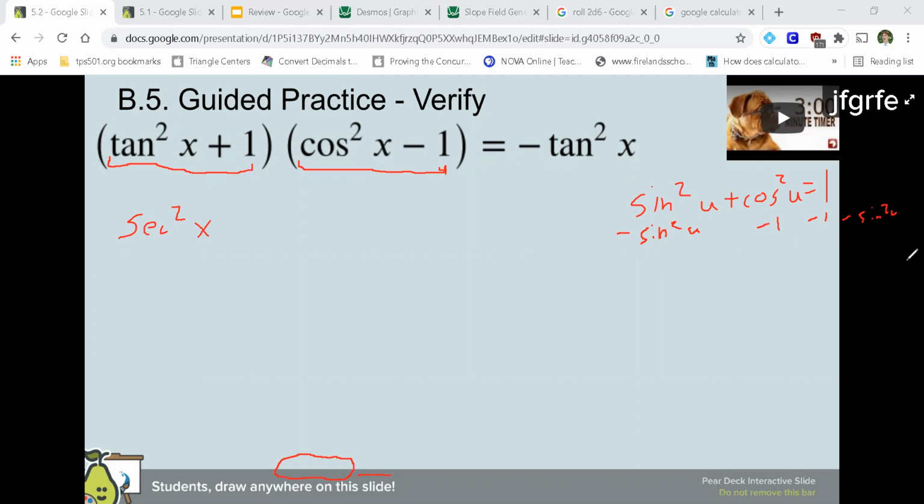So then I would get cosine squared minus 1 on the left, and on the right, negative sine squared. So cosine squared minus 1 is negative sine squared.